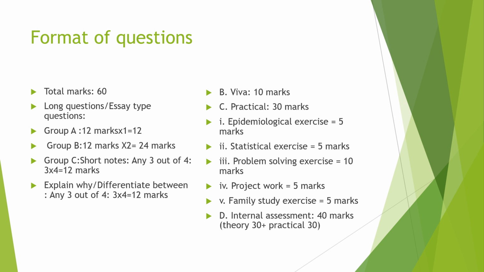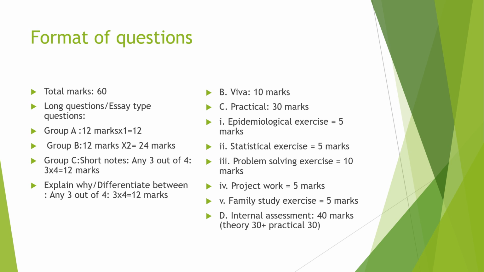But before we go into the deeper issues of knowing how to approach any question, how to go about the answers, let me brief you about the format of questions being put up in your paper 1. Both paper 1 and paper 2 consist of 60 marks, of which group A and group B consist of long questions.